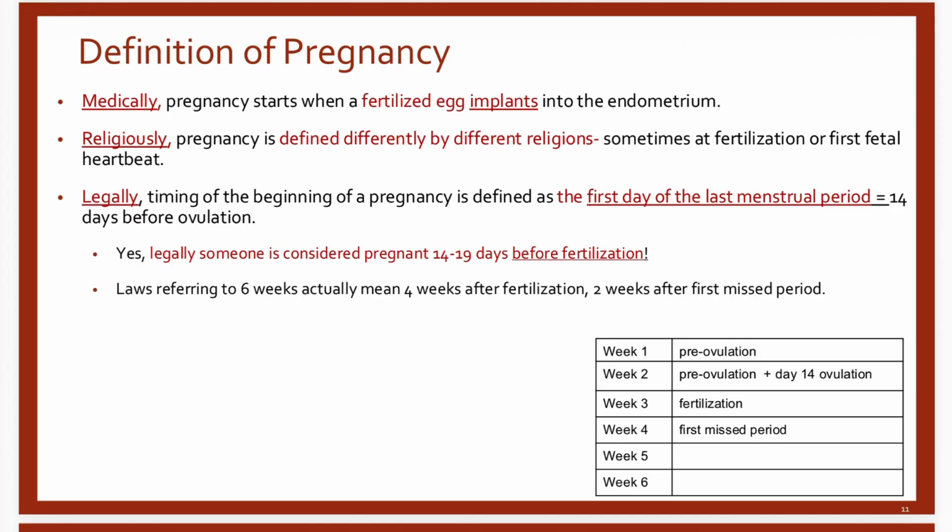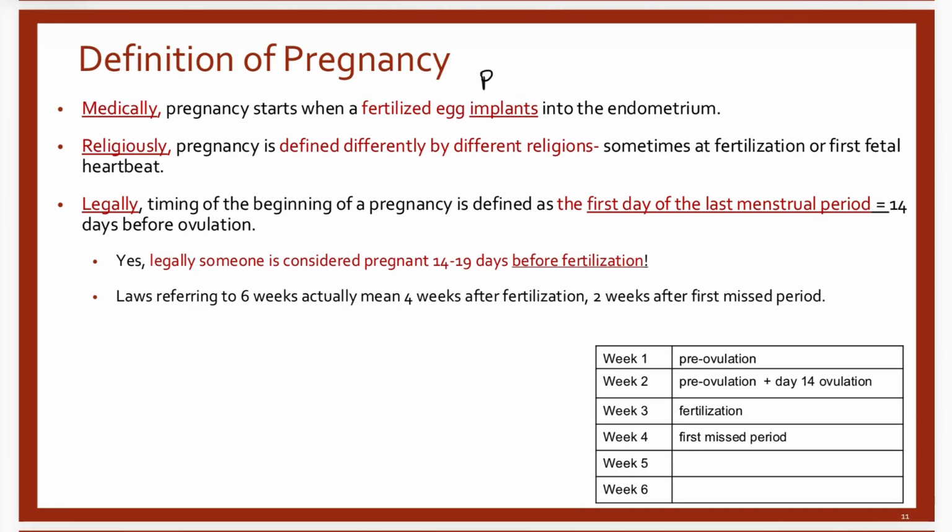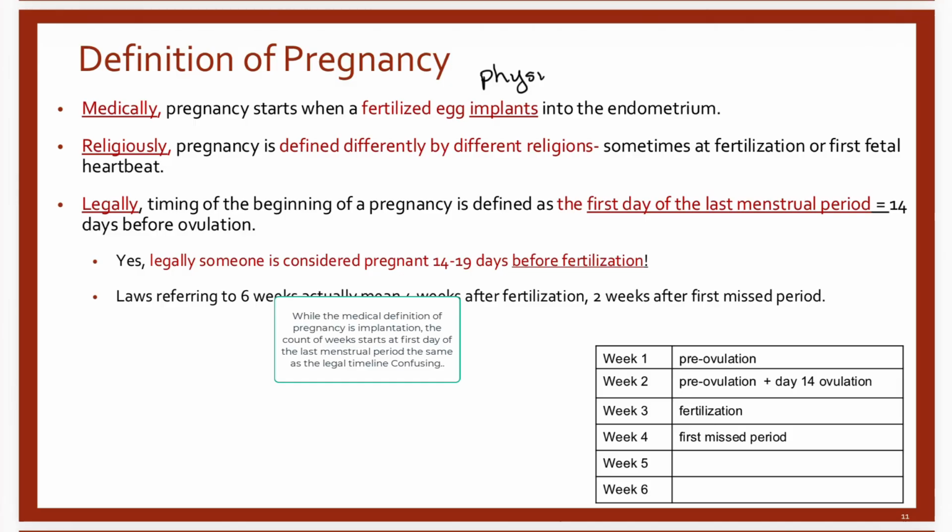Medically, pregnancy occurs when a fertilized egg implants, because not all fertilized eggs are going to implant. So what they can measure is if it implants, that's when pregnancy starts. Religiously, it depends, right? Everybody's going to have a completely different definition. Legally, because they're using day 0 as the first day of the last period, they count pregnancy from day 0.